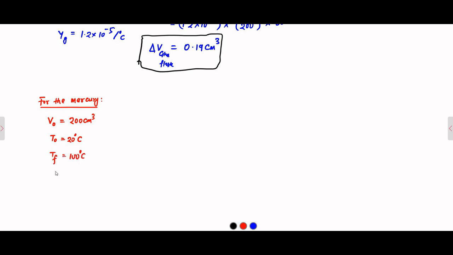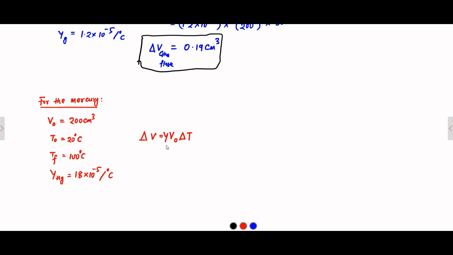The coefficient of volume expansion of mercury is equal to 18 into 10 to the power minus 5 per degree Celsius. So the increase in volume will follow the same concept, that is gamma times original volume times rise in temperature.